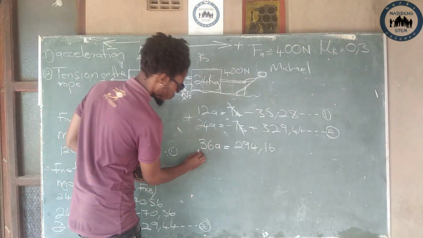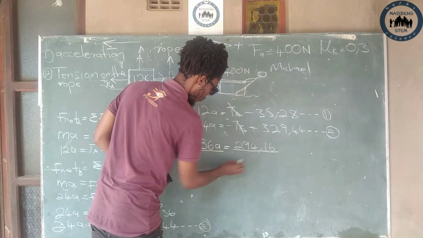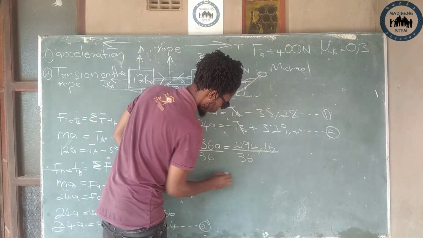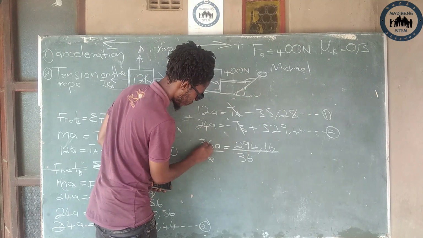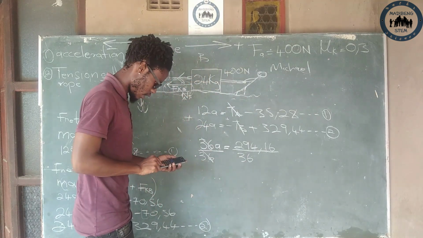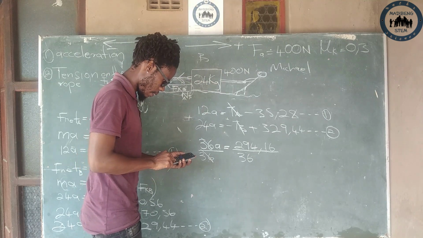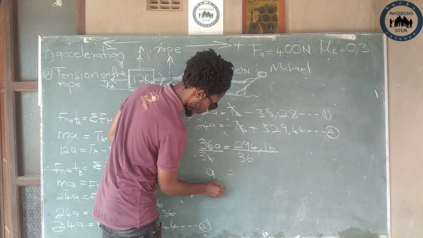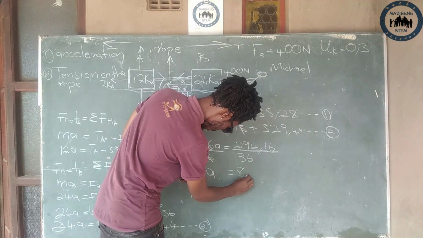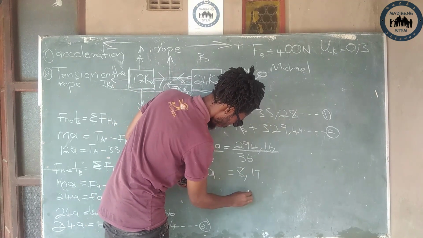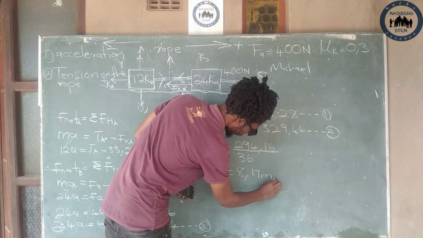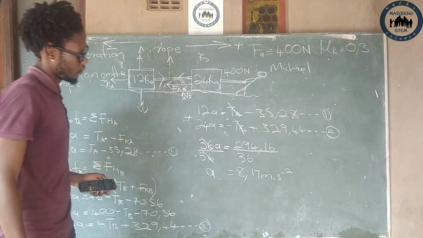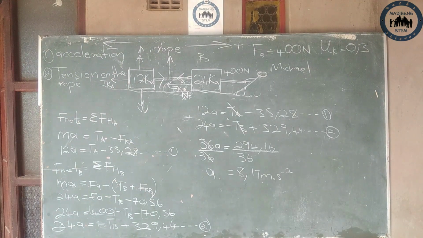So now we will have to divide both sides by 36 to be left with a. So this cancels this. So divide by 36. We will have a is equal to 8.17 meters per second squared. This is how you calculate your acceleration.